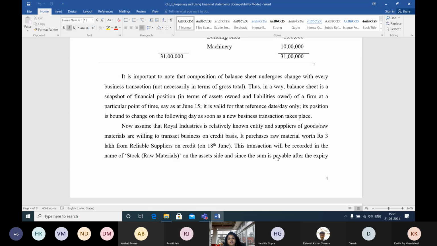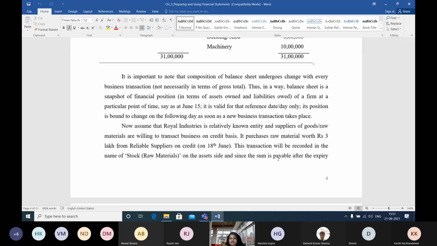It is valid for that reference date or day only. Its position is bound to change on the following day as soon as a new business transaction takes place. So as I told you, it is like a flowing river. The business is like a flowing river and the balance sheet is just a snap that you take of that.